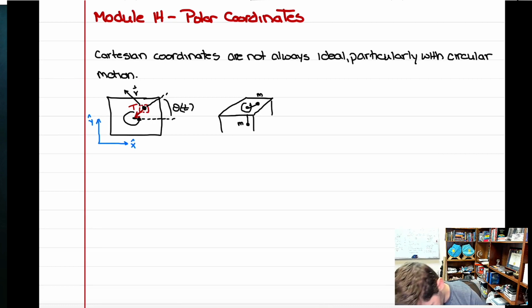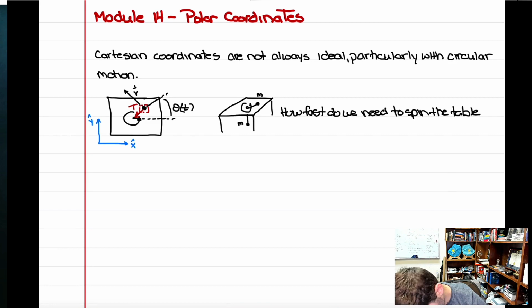And the question is, how fast do we need to spin the table mass so the hanging mass does not move?